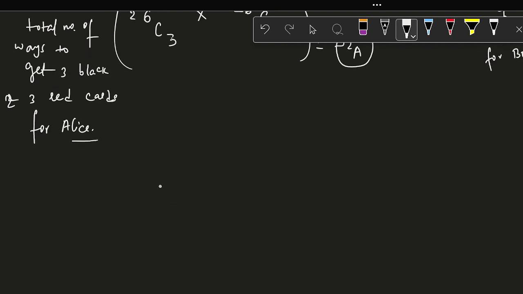To do that, we take S_A by S_B, because we have to compare, so we'll just take a ratio of the entropies.